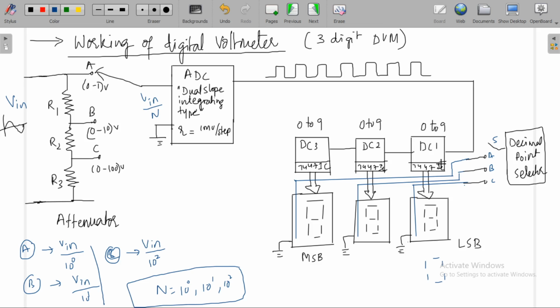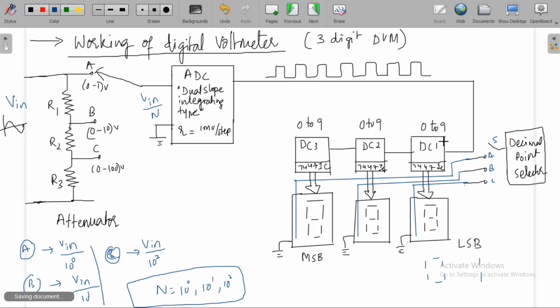That BCD code is given to this 7447 IC, which converts it into 7 segment code to display 1 like this, and that code will turn on these two LEDs only and make the remaining LEDs off. Like this it will display from 0 to 9.